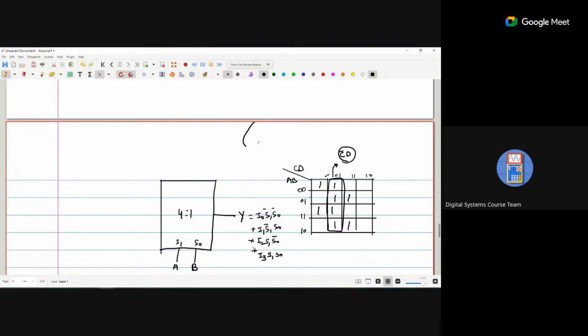That means if you see the output equation, in every term the select lines will be available. And what are the select lines? A and B. How will we get this, because in this one, no A is available and no B is available.